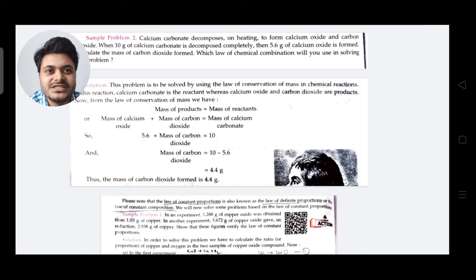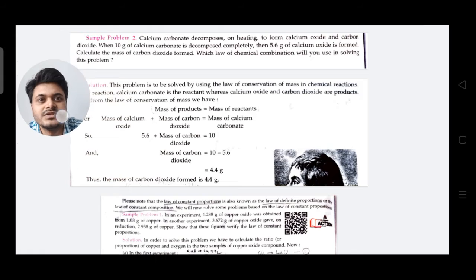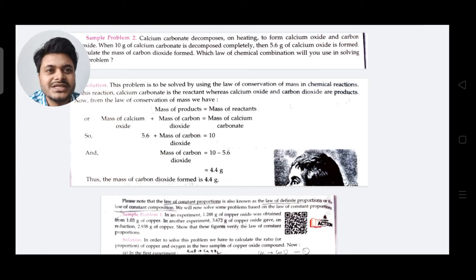This problem is to be solved by using the law of conservation of mass in a chemical reaction. In this reaction, calcium carbonate is the reactant, whereas calcium oxide and carbon dioxide are the products. For the law of conservation of mass, we have mass of products is equal to mass of reactants. So here the mass of products, mass of calcium oxide plus mass of carbon dioxide, is equal to the mass of calcium carbonate.